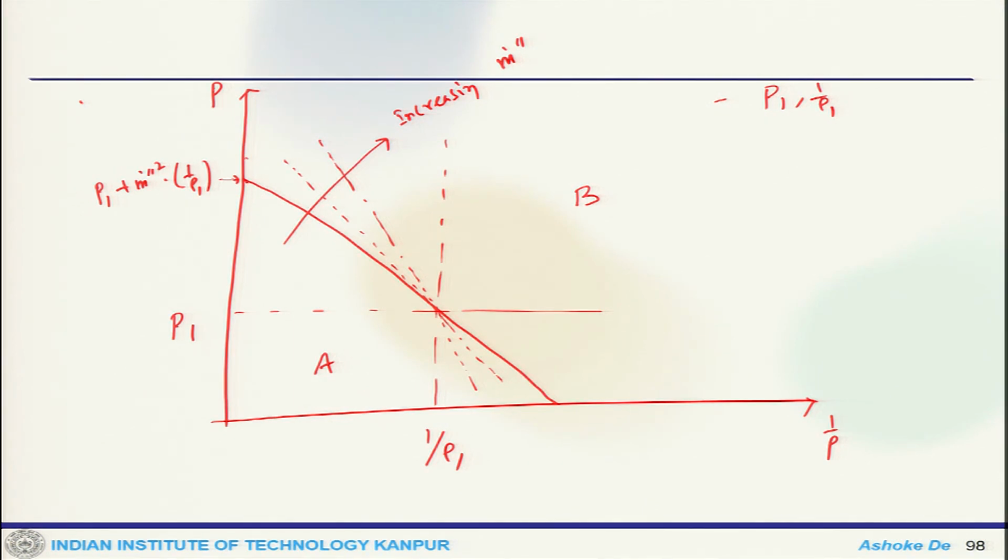Now, there are two quadrants which are labeled A and B. These quadrants are physically inaccessible.